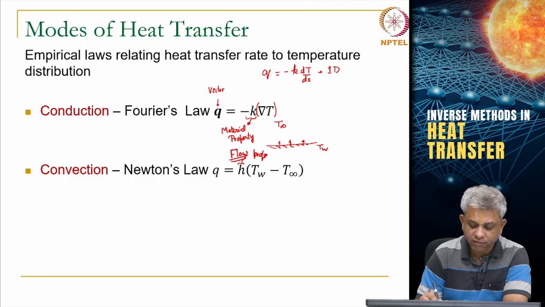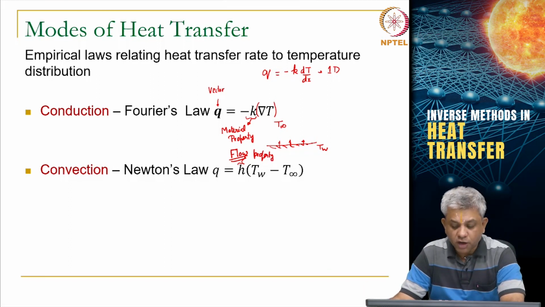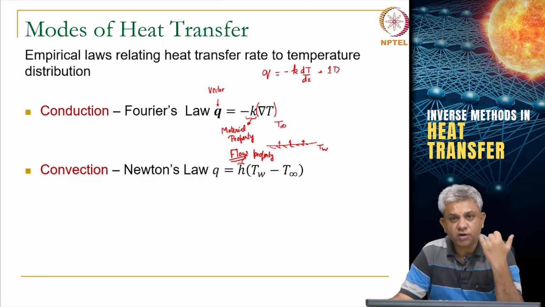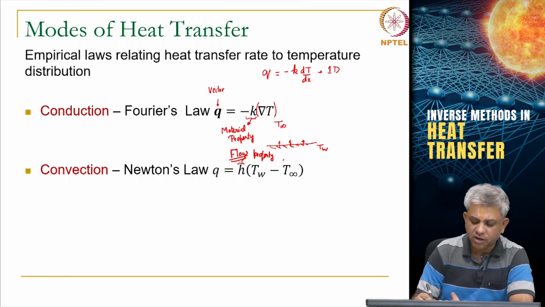You would know this again from heat transfer, but I am re-emphasizing this. So, it depends not only on what the material is, but on the speed with which water or air or whatever is flowing there. So, it depends on multiple conditions, on the Reynolds number, on the Prandtl number, etc. So, it is not just a property of the material, but it is also a property of the flow characteristics.